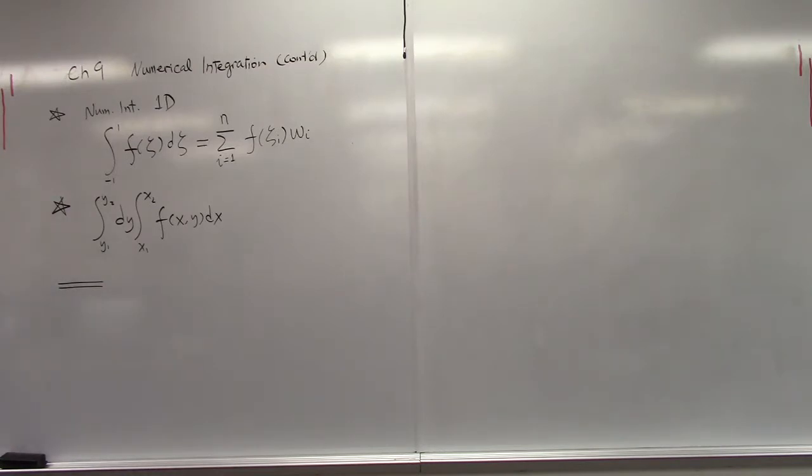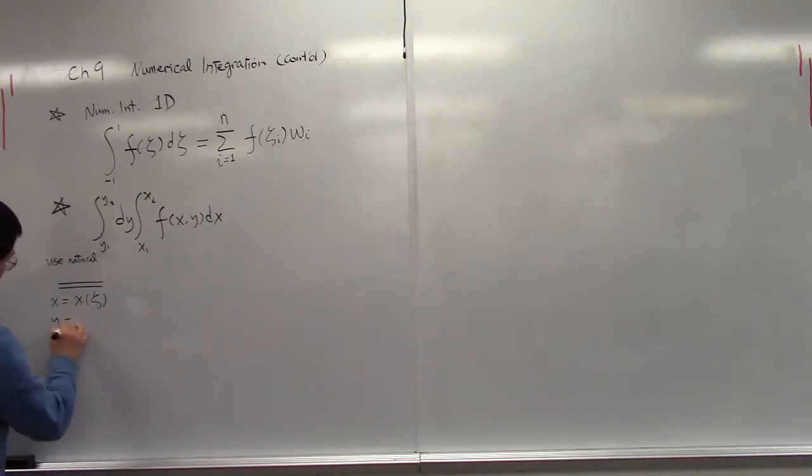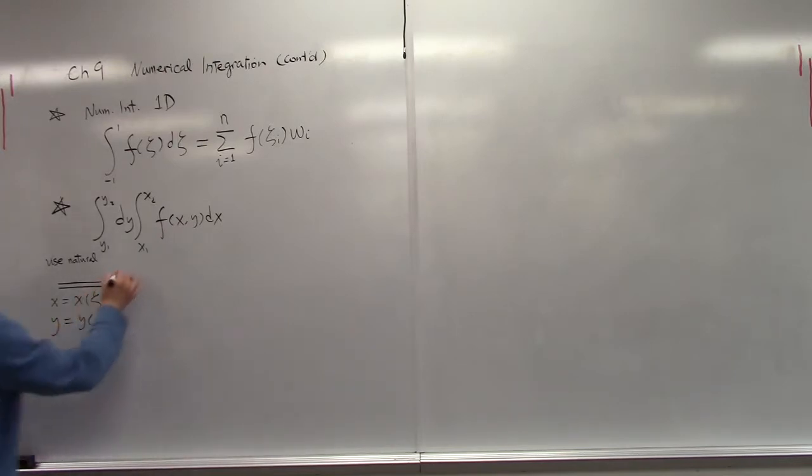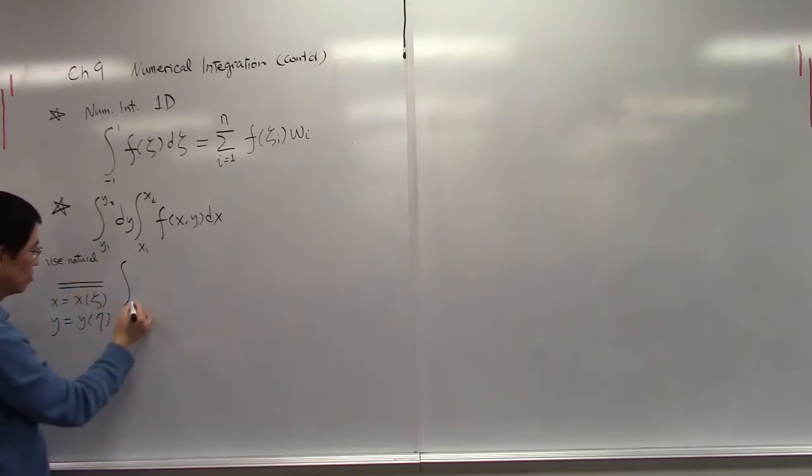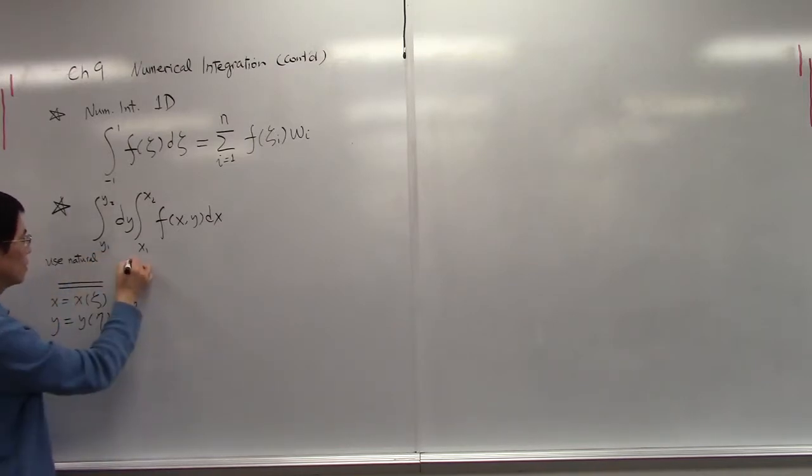This time we use the natural coordinate. Well, we write x as a function of natural coordinate theta, y is a function of natural coordinate eta. Okay? Alright, correspondingly, the limit of y1 is changed to eta 1. This is eta 2.